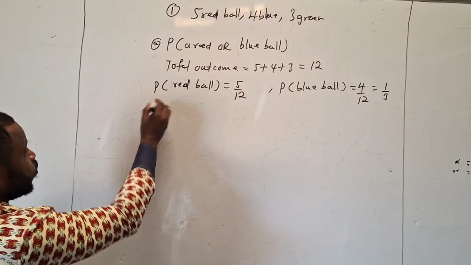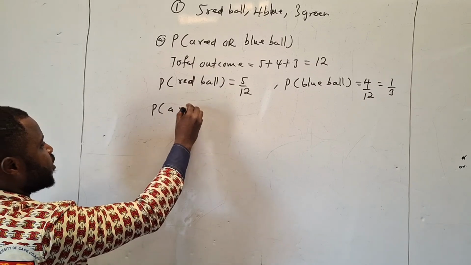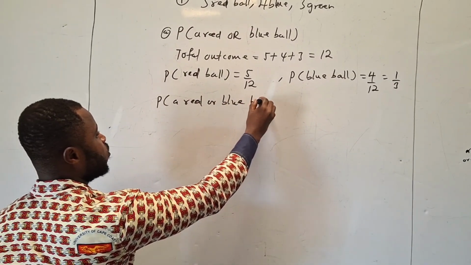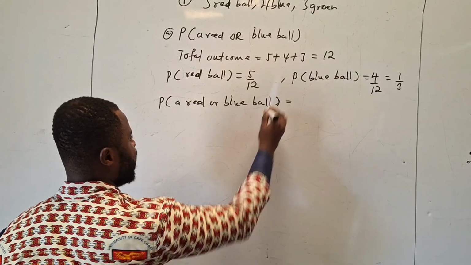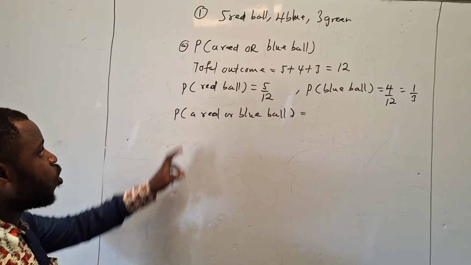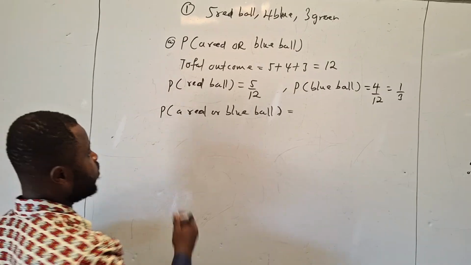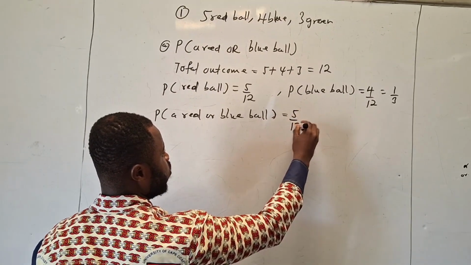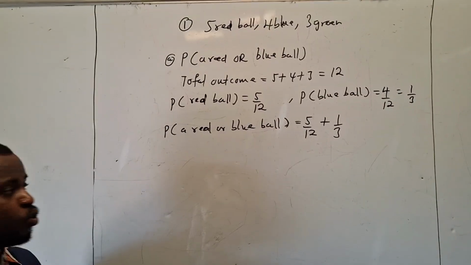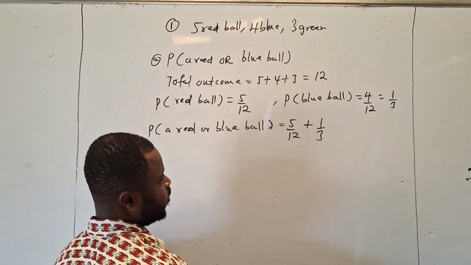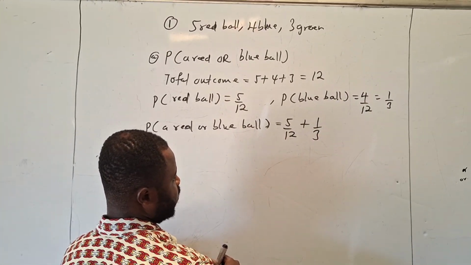And now, before we come to the probability of a red or blue ball. Now, I told you earlier that when you see or, what do we do? We add them. So probability of obtaining a red ball is 5 on 12 plus. You can use the 1 on 3 or the 4 on 12. You get the same answer. So addition of fractions.